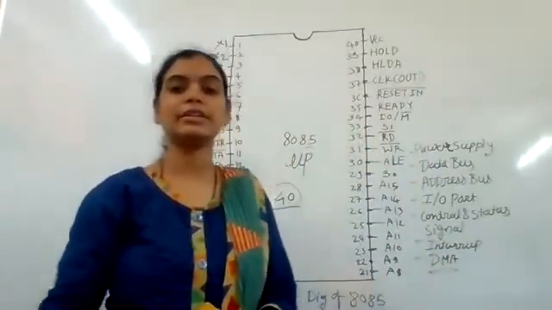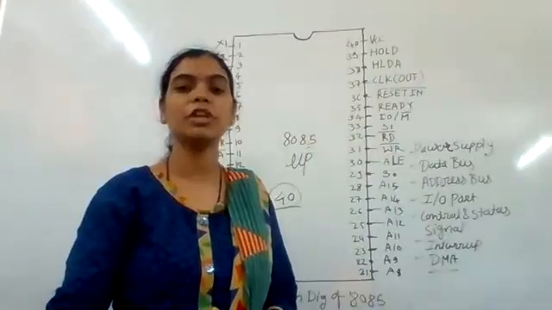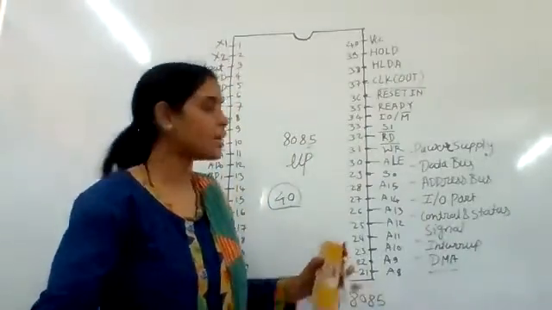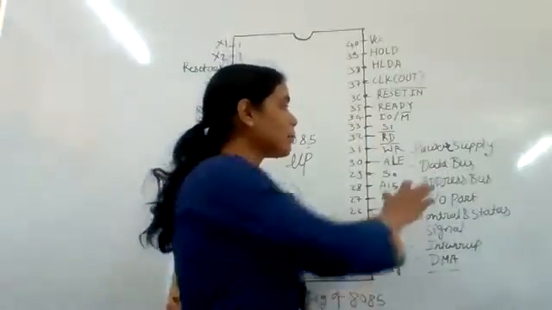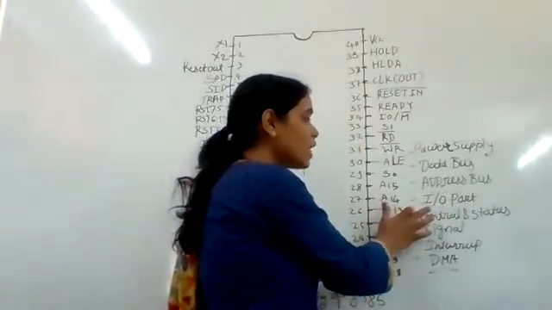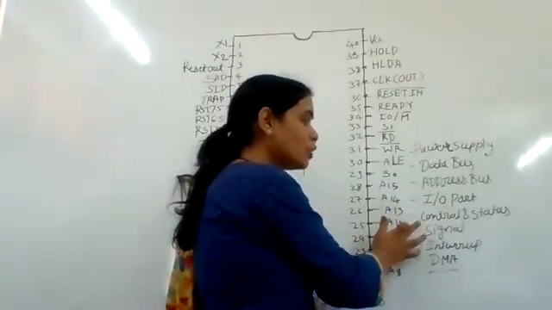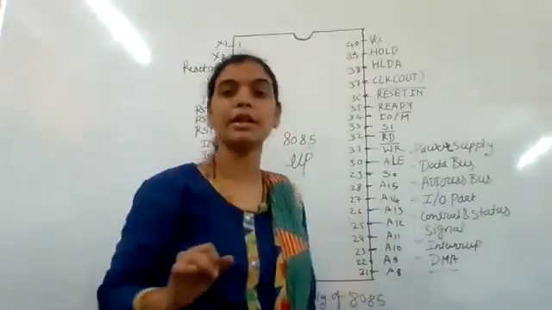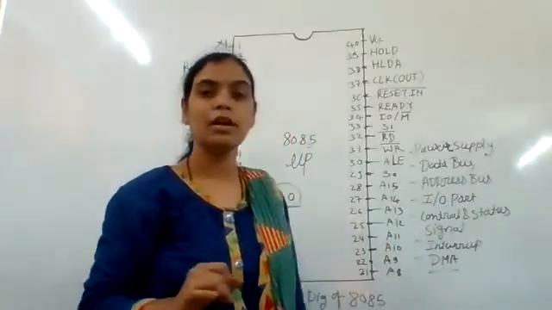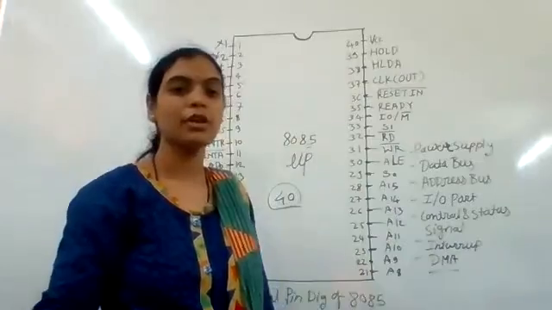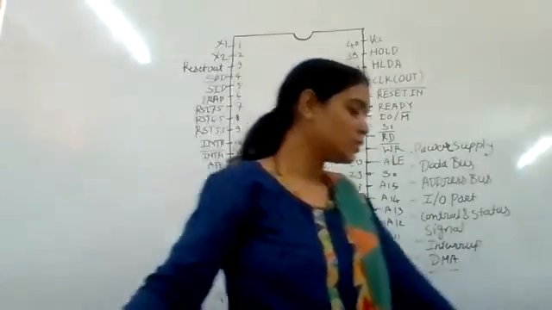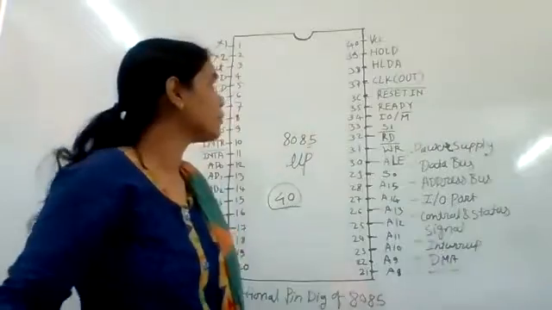These are the categories among which the 40 pin configuration of 8085 is divided: power supply, data bus, address bus, input output port, control and status signals, interrupt lines, and DMA, direct memory access. Now let's start to see these pins one by one.